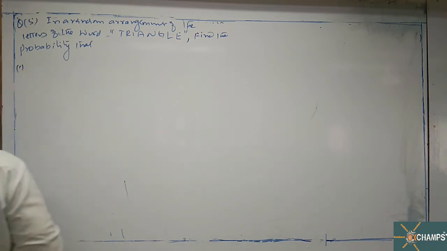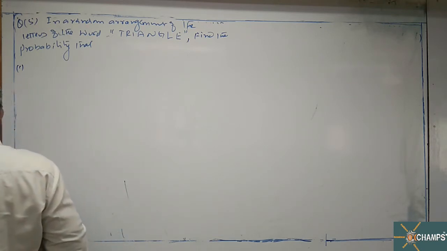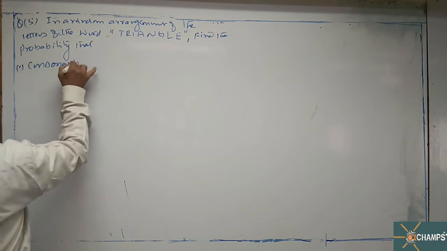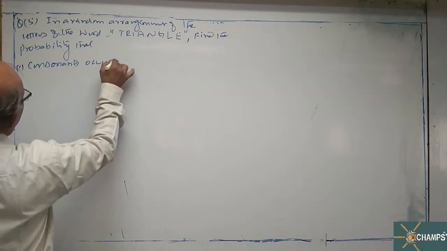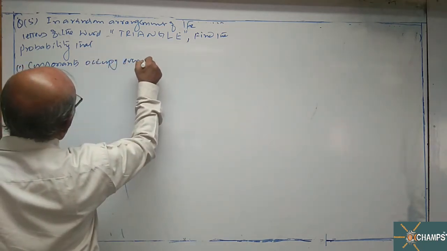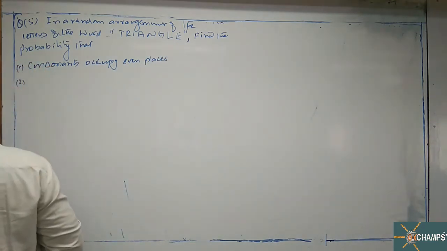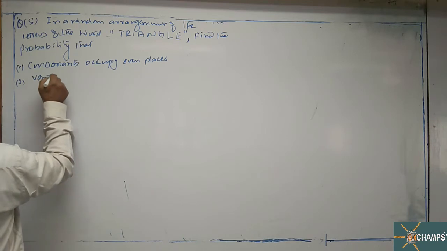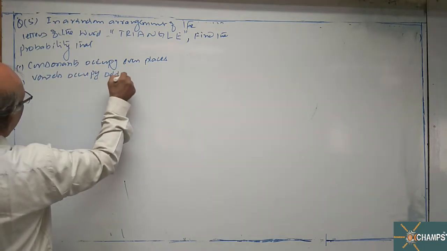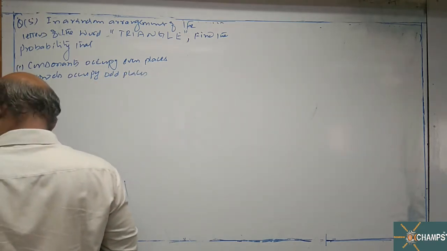First question, consonants occupy even places. Question number 2. Vowels occupy odd places. Question number 3.